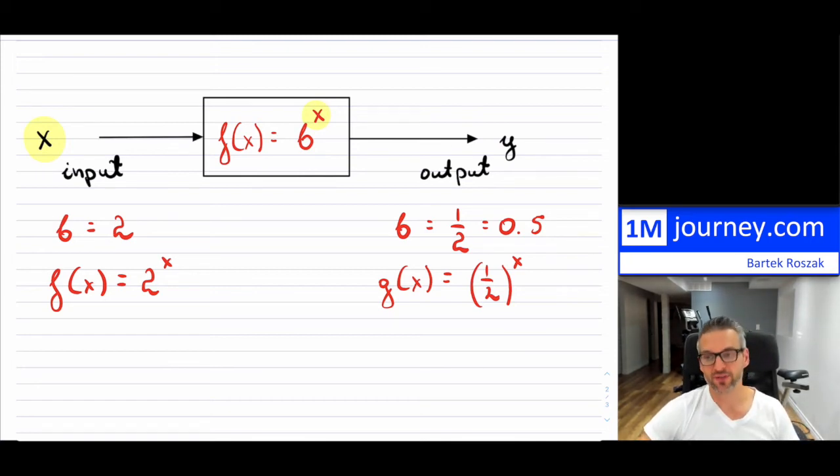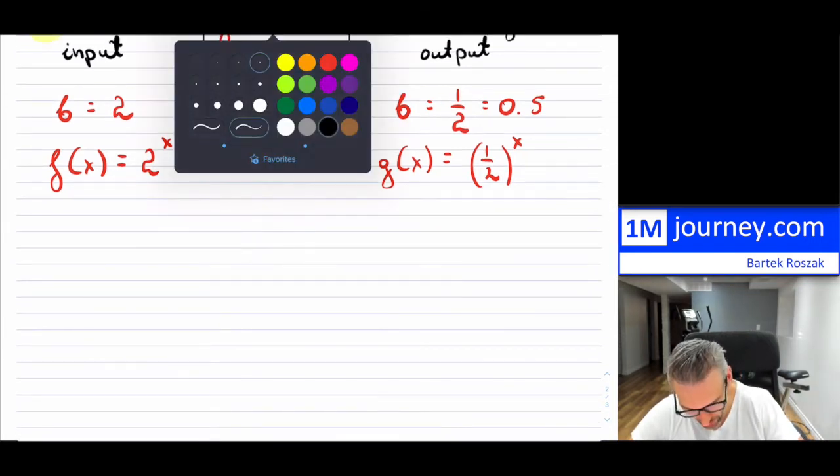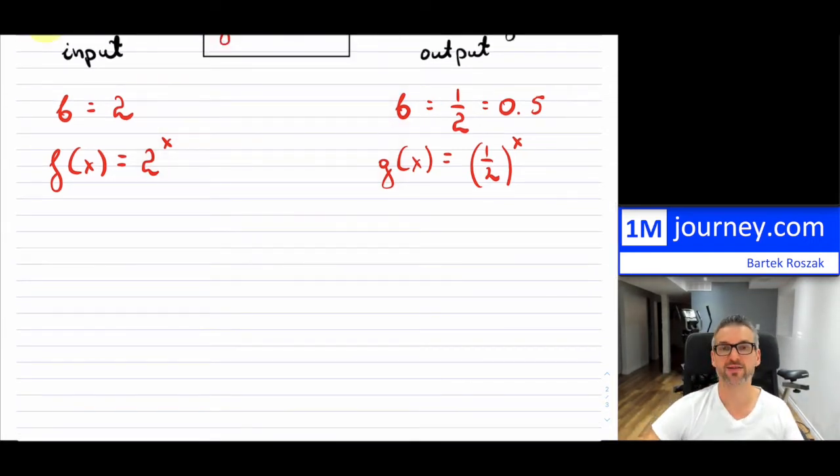So what would this give us as a table of values? I'm going to create a table of values here for both cases, for some integer inputs, and we're going to try to see a particular pattern that might emerge.